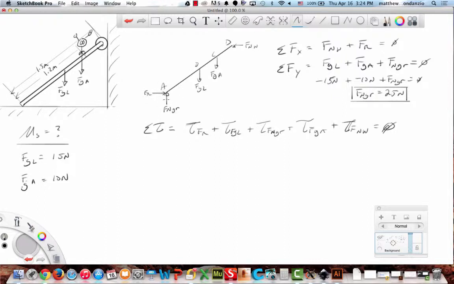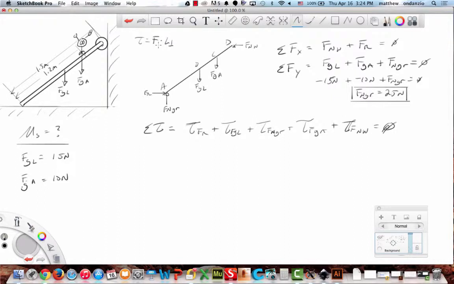If I were to put my point at A, if I sum the torques around A, then what's the torque generated, the actual torque generated by friction force and normal ground? How much torque do I have? 0. Because, again, remember torque is equal to force times the length perpendicular, the length between the actual force location and the point around which you are summing the torques.